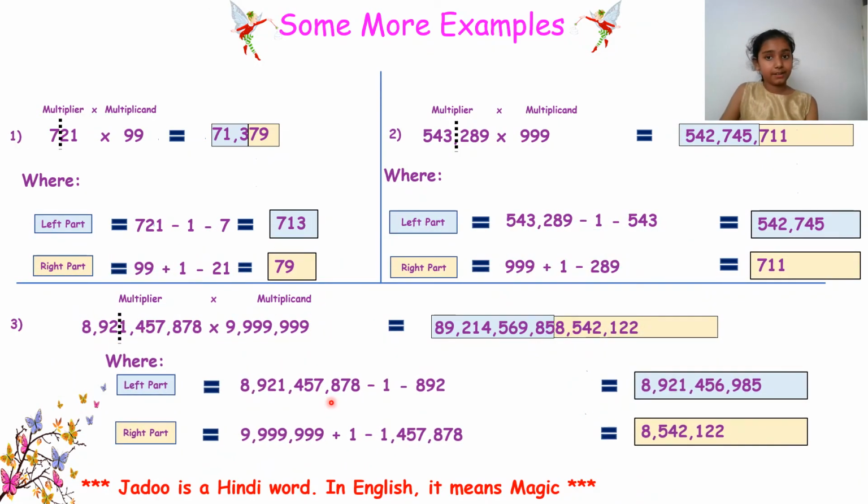And note, I put a divider line after 2 digits from right because multiplicand is having 2 digits. Here I put divider line after 3 digits from right because multiplicand is having 3 digits. Here I put divider line after 7 digits because multiplicand is having 7 digits.